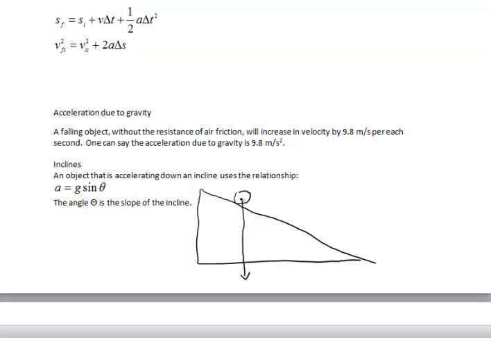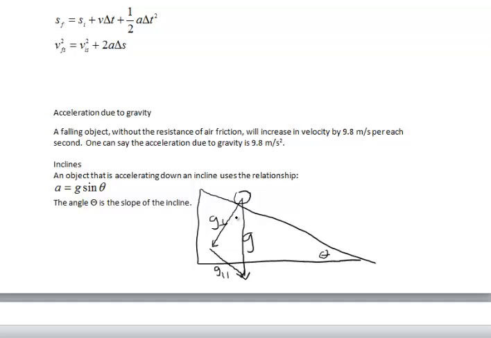So we can break gravity into two components, a perpendicular component to the incline and a parallel to incline. So we'll call this gravity perpendicular, gravity parallel. Now the component that's actually causing it to accelerate down is the component of gravity acting parallel to the incline.